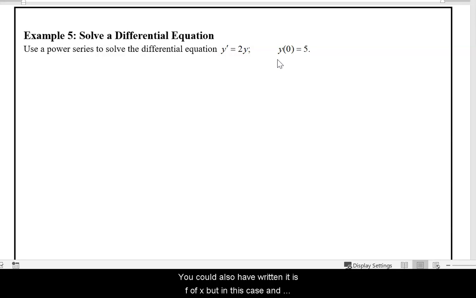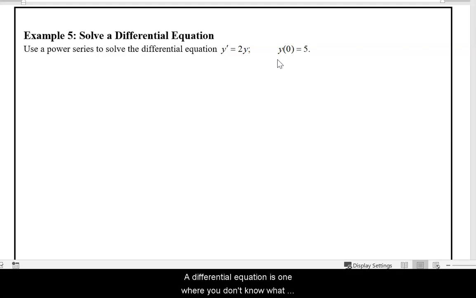You could also have written it as f of x, but in differential equations we often use y of x instead, since we typically deal with x and y, and adding f into the mix just makes it more complicated. We know from the beginning that when the x value is 0, the y value should be 5. This is the initial value that will enable us to determine exactly what function we need for y.